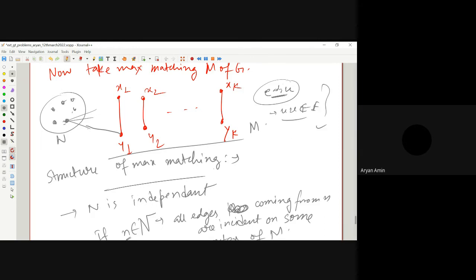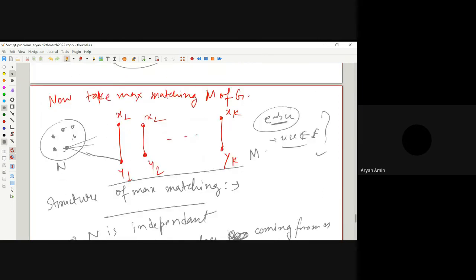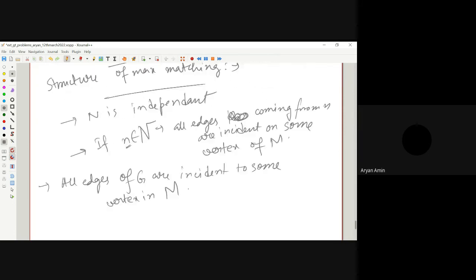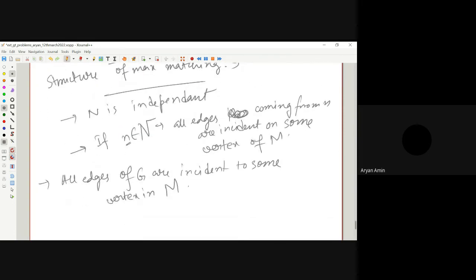I hope the meaning of adjacent is clear. So this basically tells you that all edges of G are incident to some vertex in M.